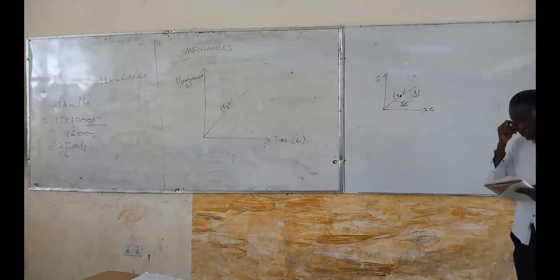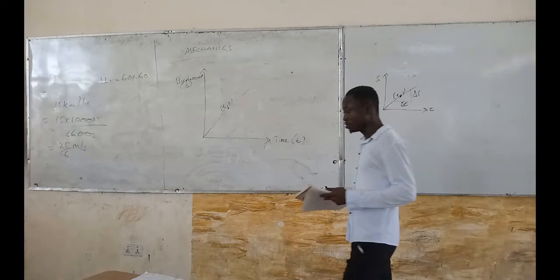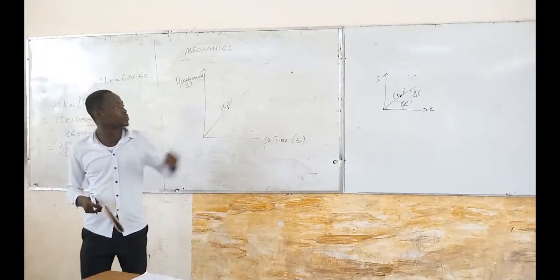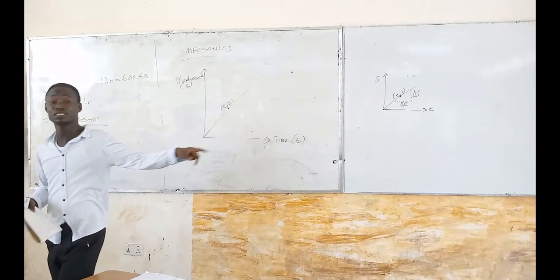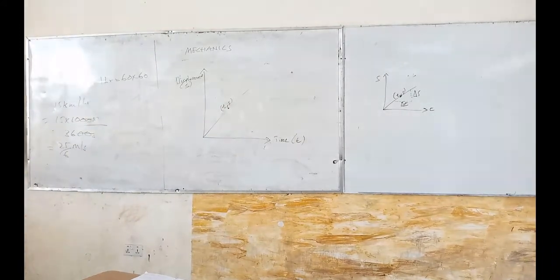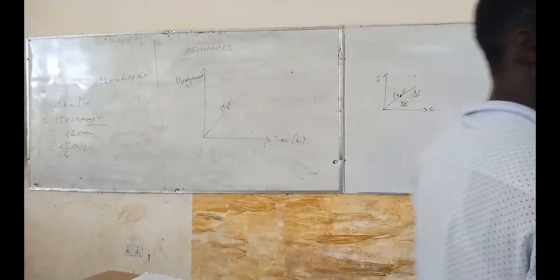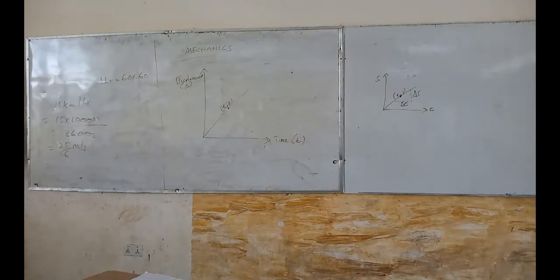You said velocity, because it is change in S by change in T. So geometrically, draw this one and let me give you the geometrical interpretation. When you find a gradient from a displacement time graph, you get velocity. Very nice.